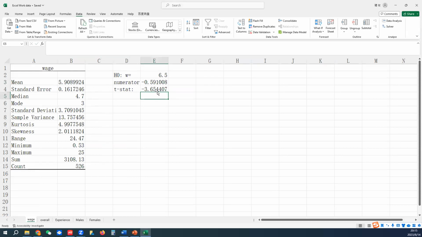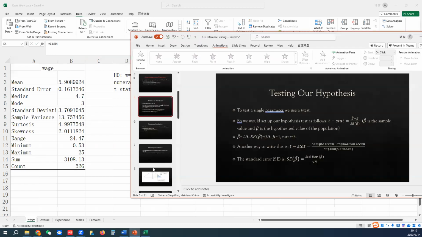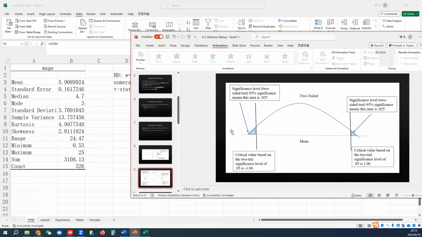So that's minus 3.65. With this in mind, you can already make the decision to reject the null hypothesis, because the hypothesis value is roughly 2 times lower than the actual sample mean.